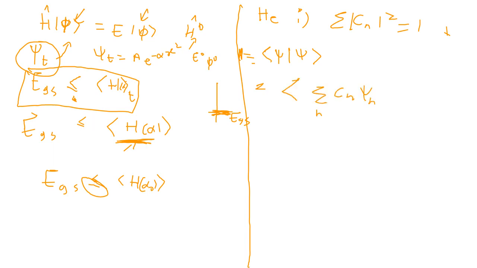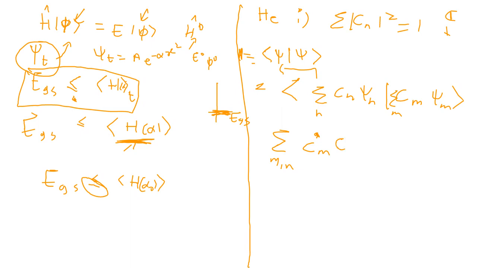Cn psi n, and Cm, another sum over m psi m. There's linearity. This is a Hilbert space, so everything is linear. So you can take out the sum over m and n, and Cm, but you're taking it from the Dirac bra, so this is complex conjugated because in general you aren't working in R but C.